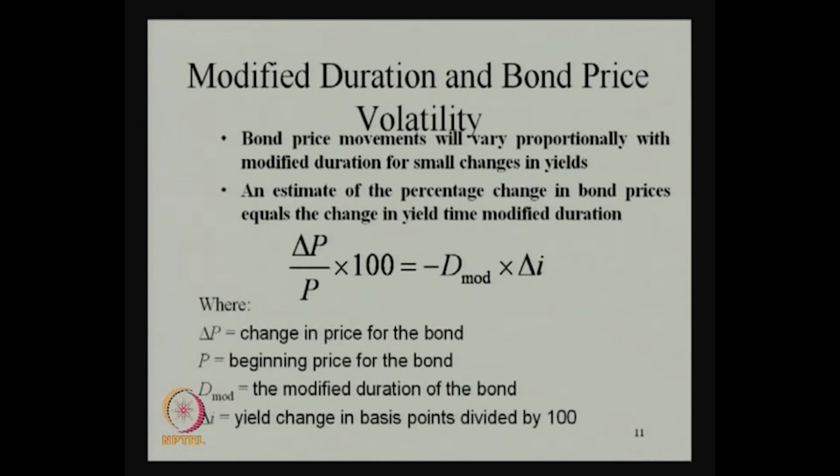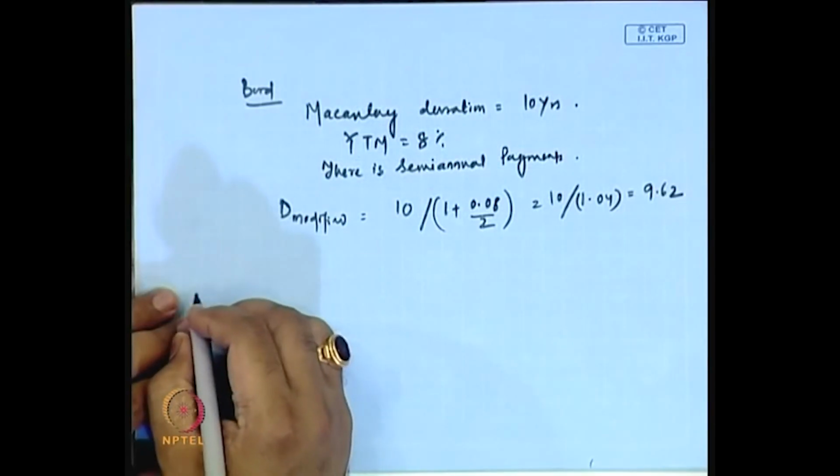It is measured as delta P by P into 100 equals the modified duration multiplied by delta I. Delta P is the change in price of the bond, P is the beginning price of the bond, D modified is the modified duration, and delta I represents the yield change in basis points divided by 100.